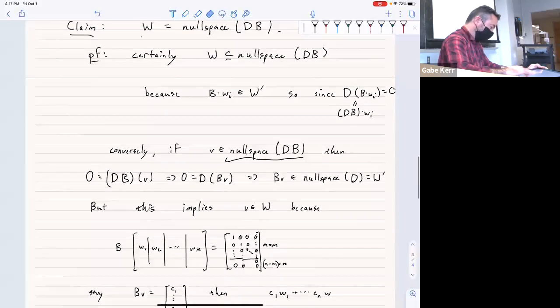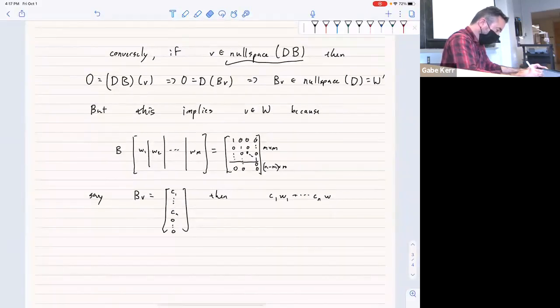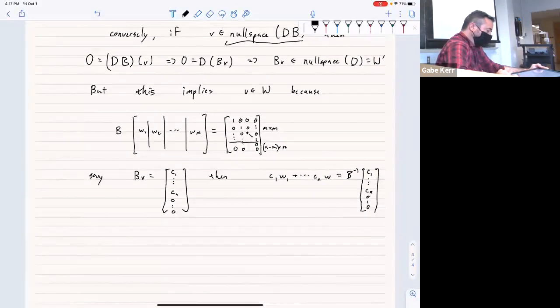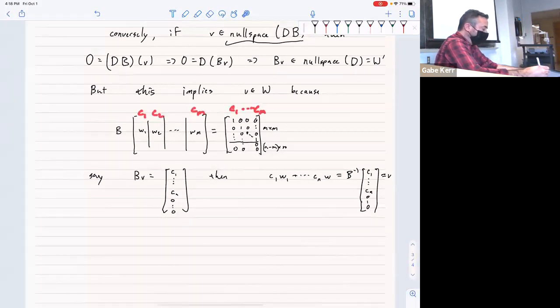So B equals this. In other words, if I take a combination C1 of these columns, C1 times this plus C2 times this plus CM times this, I can do the same thing as taking the combination C1 through CM of these columns. That's what I get here.